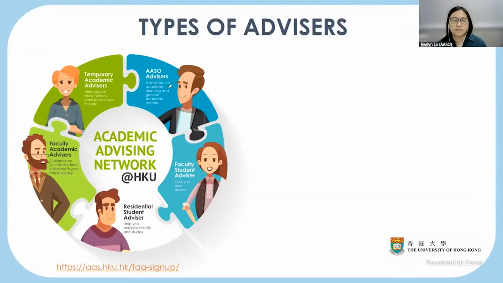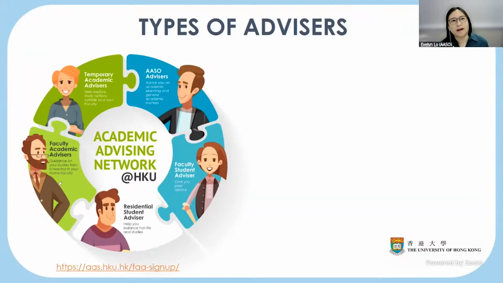If you have something more specific about your own program, there are teachers called faculty academic advisors. Those are the teachers from your own program, and they will stay with you for your whole study life here. So if you're in a 4-year program, you have the same faculty advisor for the whole 4 years, except for arts students, who would change again in their second year.